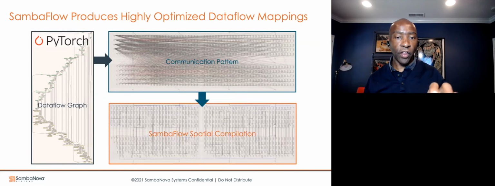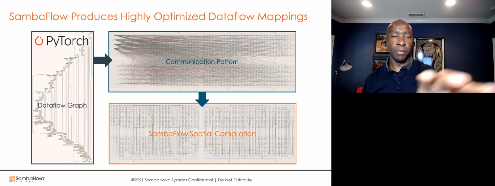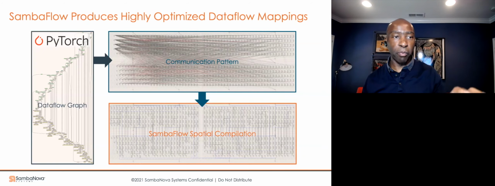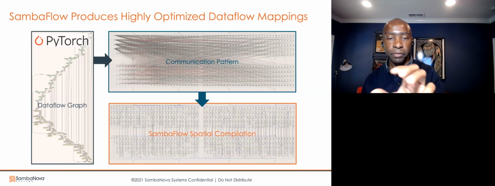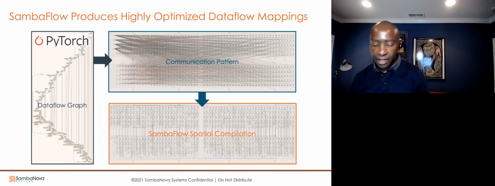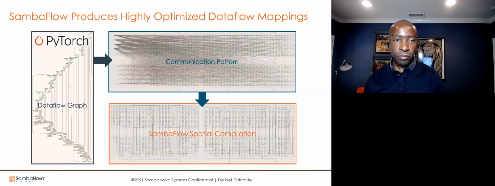And so the SambaFlow spatial compilation makes this very efficient by figuring out how much parallelism and locality to exploit, and then mapping that layout, that representation of the compute, in terms of these parallel pattern compute units and pattern memory units, so that we minimize the communication between the different components of the data flow graph.